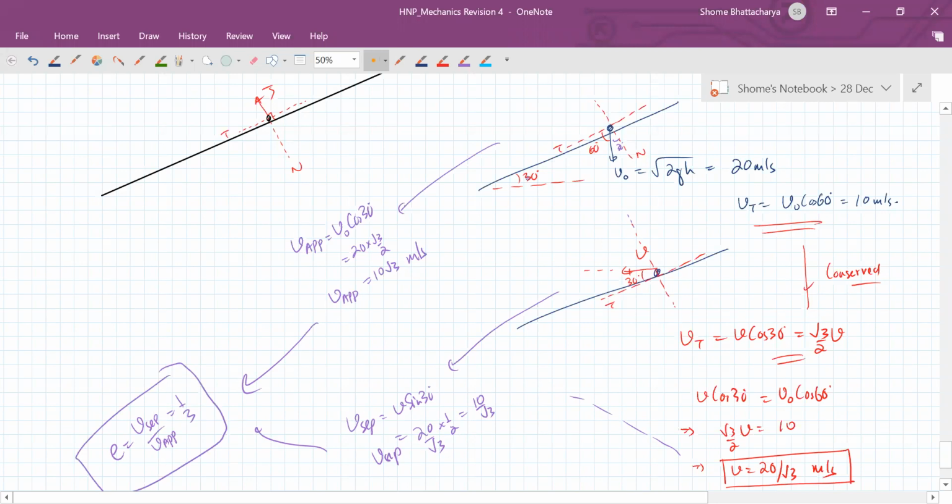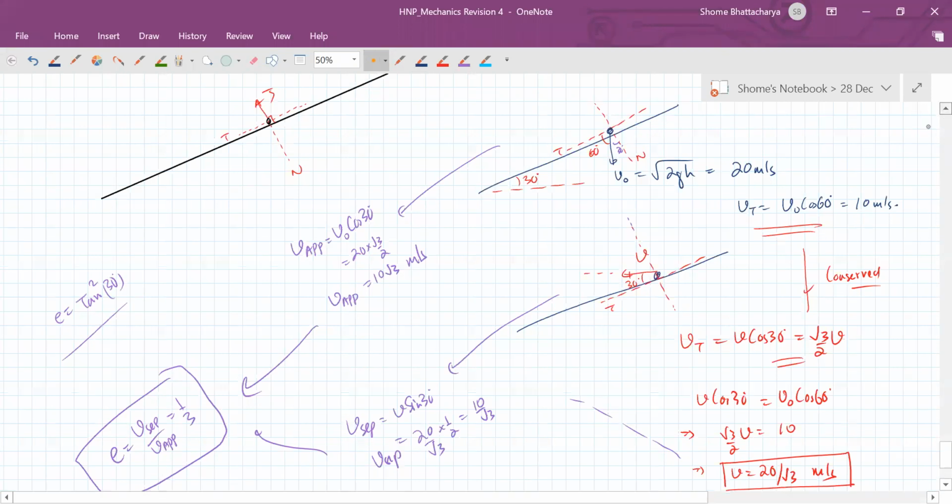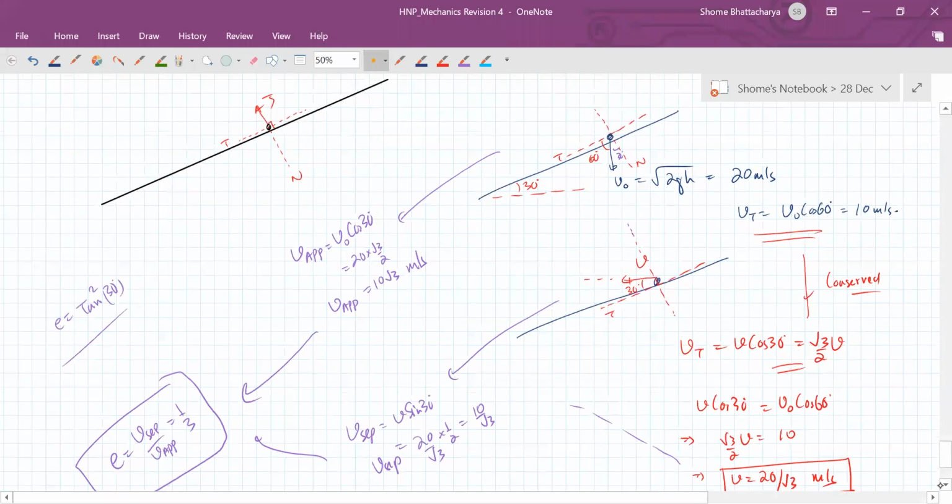In fact, if you calculate everything in terms of theta instead of 30 degrees, you will get E as 1 by tan square theta. Like this. Because we don't need to memorize this value tan square theta or something, because you can get a different case where the velocity is not exactly horizontal or something, but just need to remember the process.